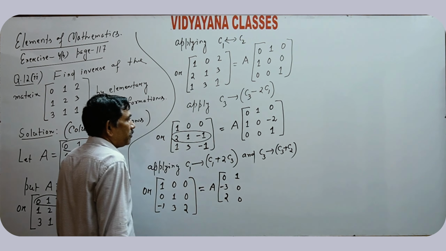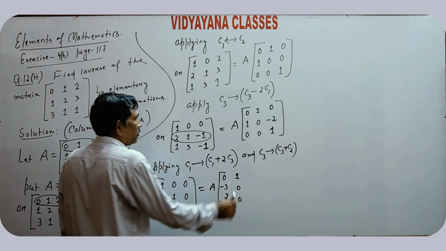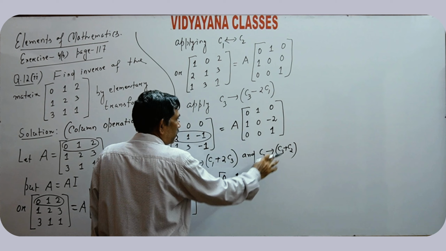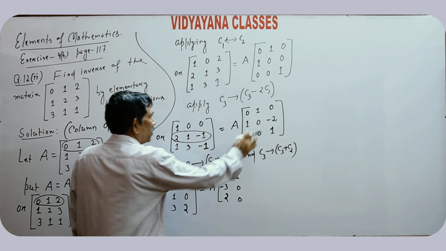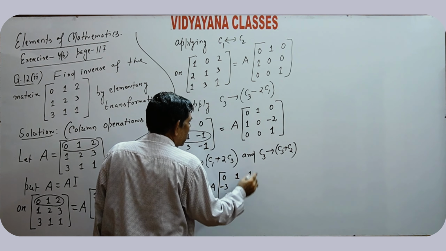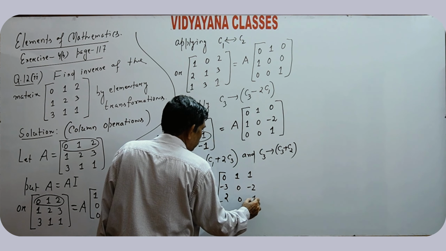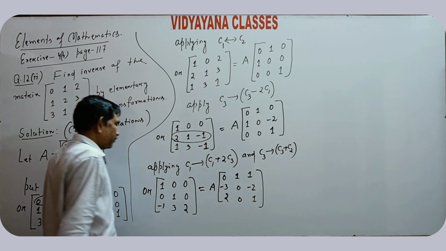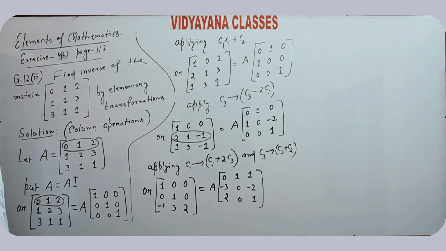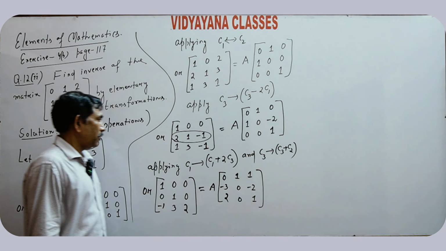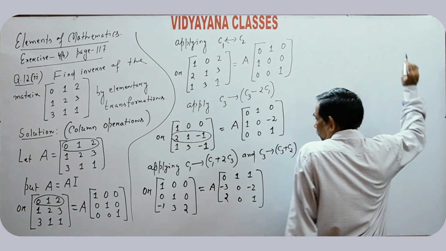Column 3 is replaced by column 3 plus column 2: 1 plus 0, that is equal to 1, 0 minus 2, that is equal to minus 2, 1 plus 0, that is equal to 1. Clear? Again applying.